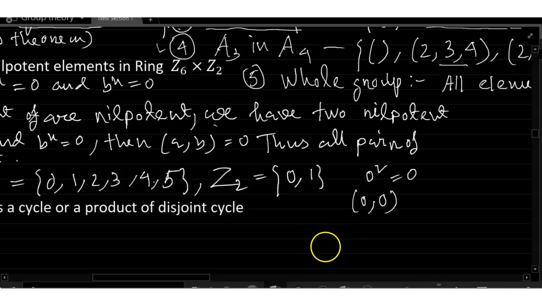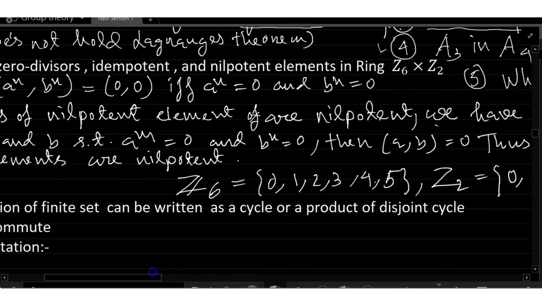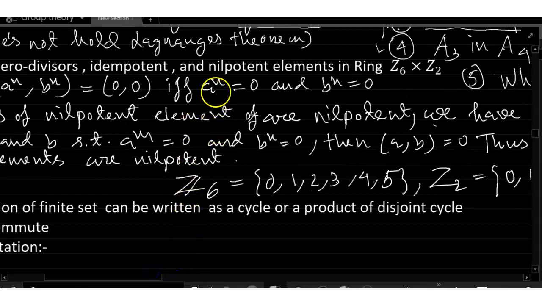Now we discuss idempotent elements, because I get the nilpotent element is (0, 0).